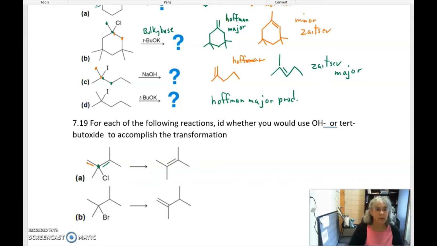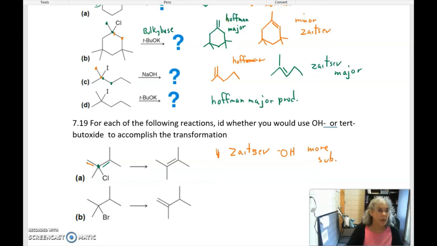The green way will give us the Zaitsev product. So we want the green, so we want the Zaitsev. And so we'll want to use the hydroxide to give us the more substituted product.